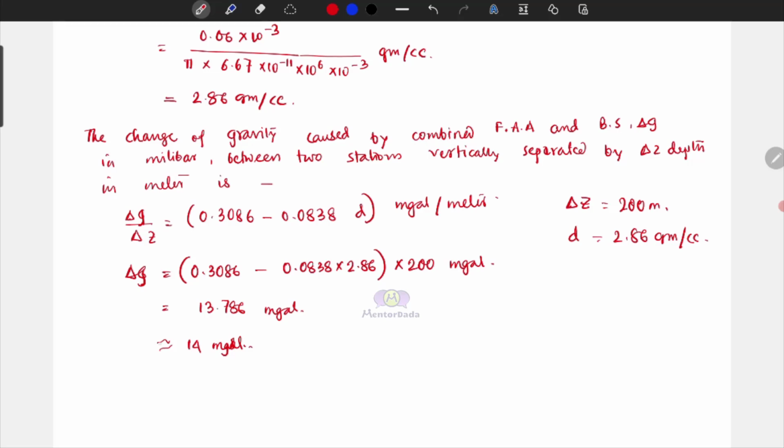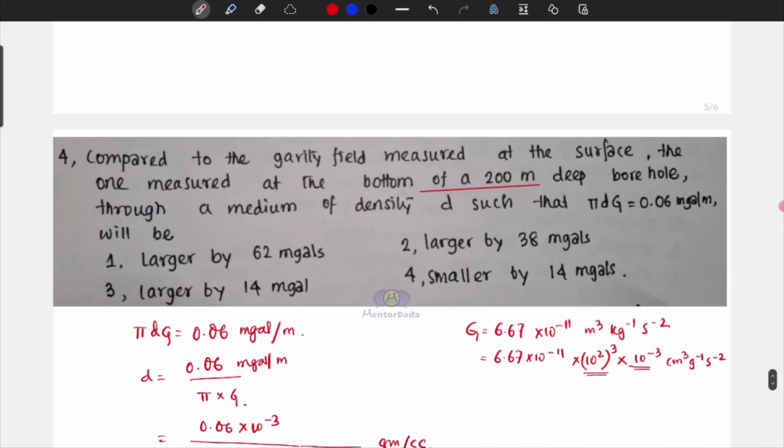Okay, so this is larger by 14 milligal. Okay, so option 3 is your correct answer.